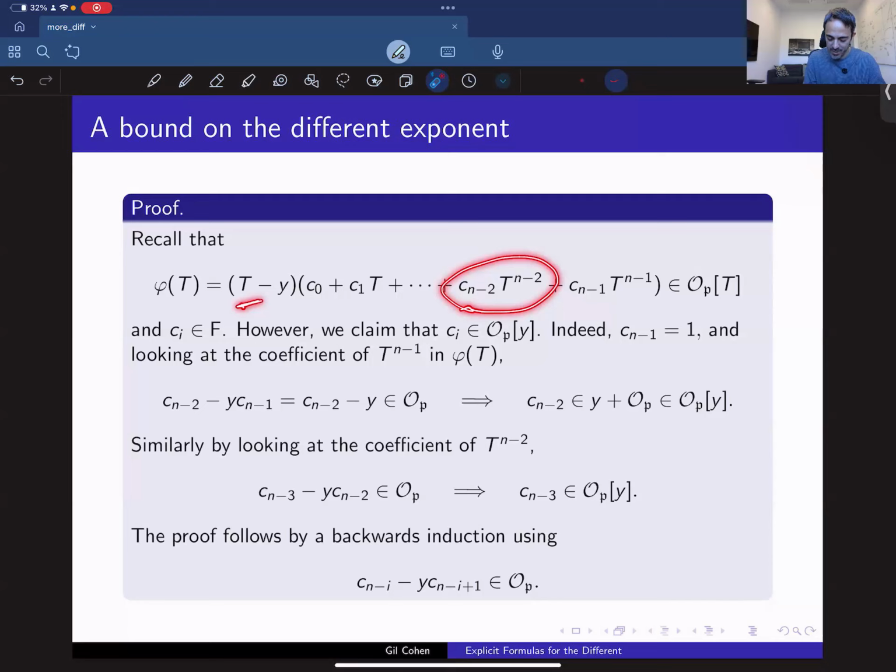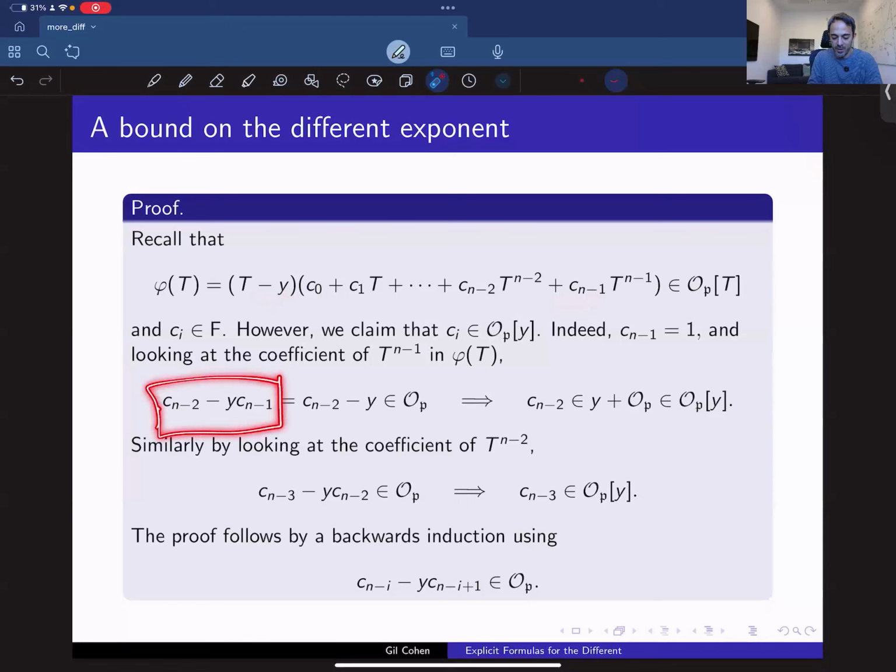This contributes c_{n-2} to t^{n-1}, and then minus y times c_{n-1}, times t^{n-1}, will give you another contribution. It's like a little convolution there. And the contribution of that summand to the coefficient is minus y c_{n-1}.